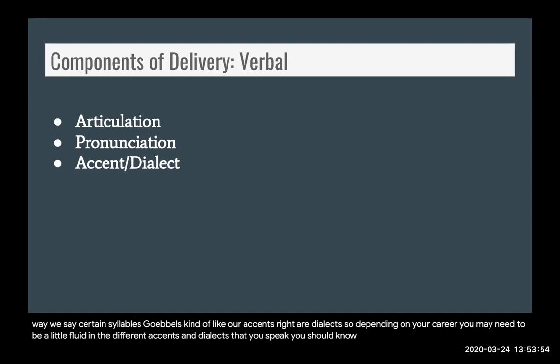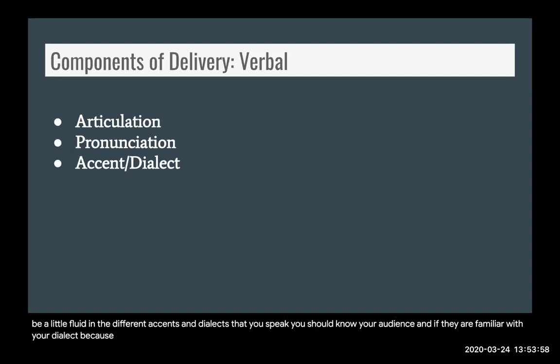You should know your audience and if they're familiar with your dialect, because if they are not, then you may need to use more articulation, or you may just need to define terms that you use or phrases that you use, because it may not be a phrase that's familiar to your audience.